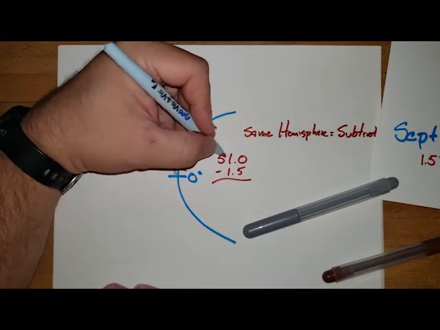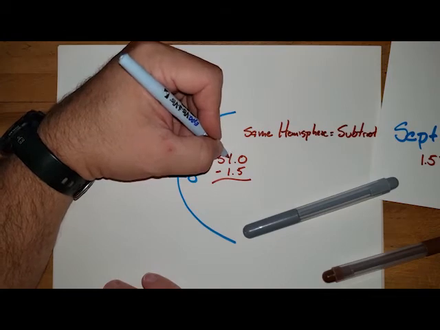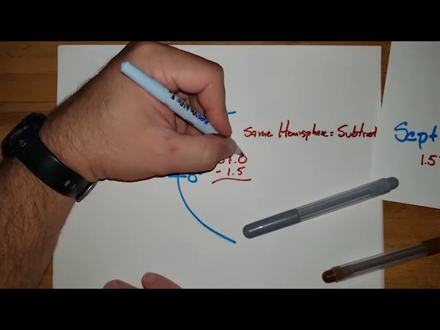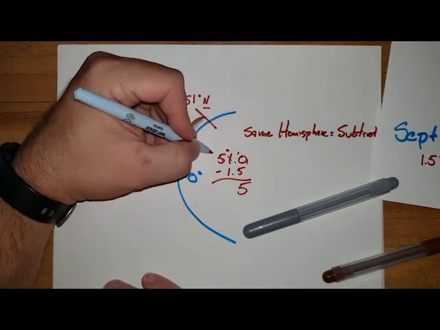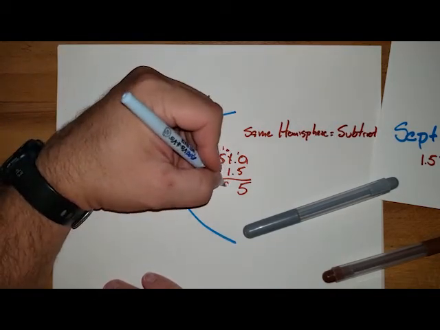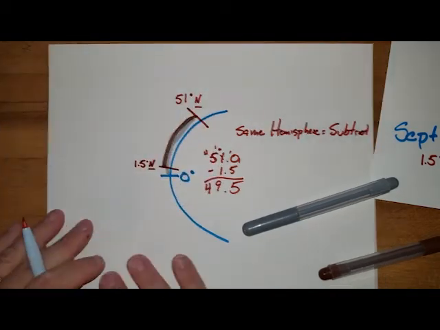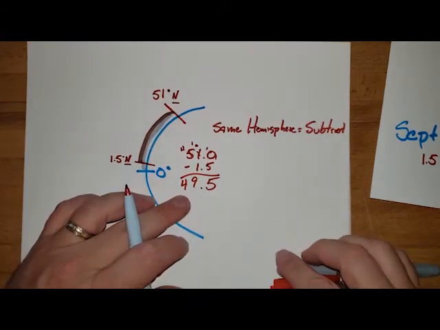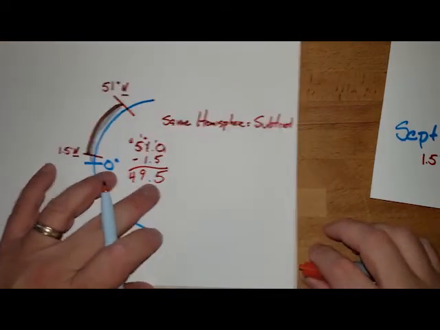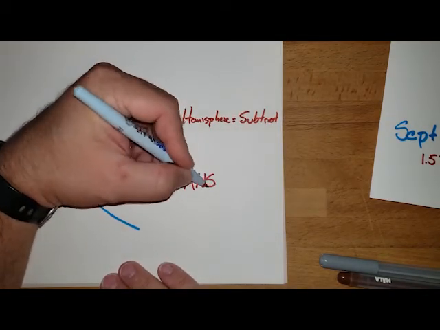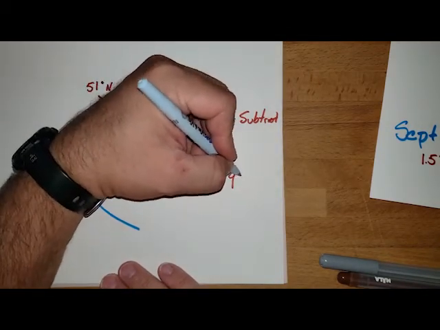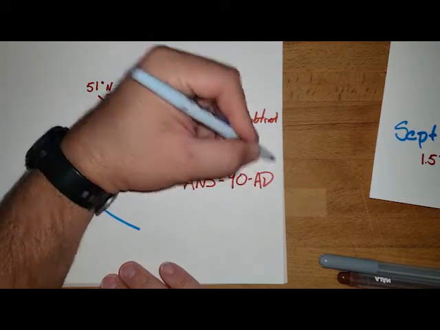All this borrowing I'm going to need to do: that will be 0, and that will be 10, and so that will be 5 and 5, 4, and that will be 10, and that will be 9, and that will be 49. The arc distance is 49.5.